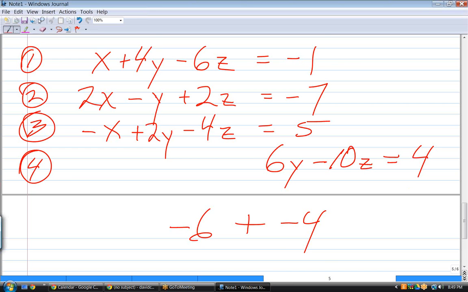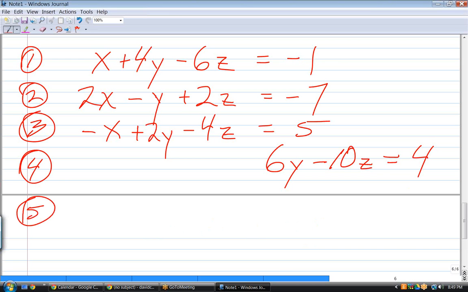Okay? And I wrote it off to the side for a reason, because now we need an equation 5. And in my equation 5, I want to eliminate x also. I don't want to eliminate a different variable.